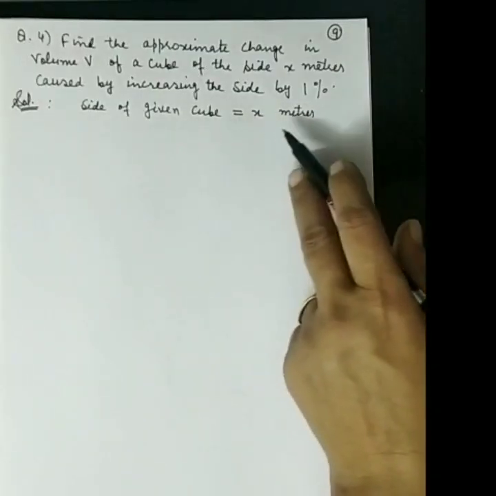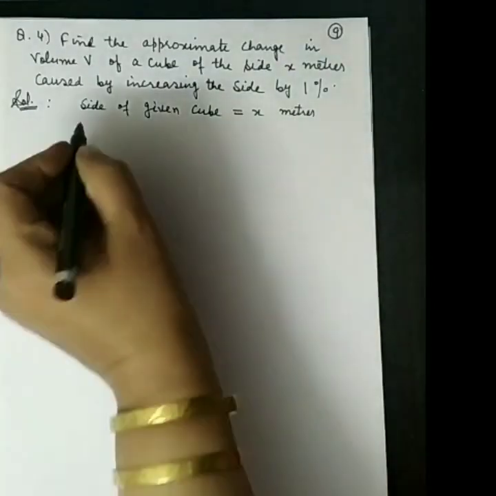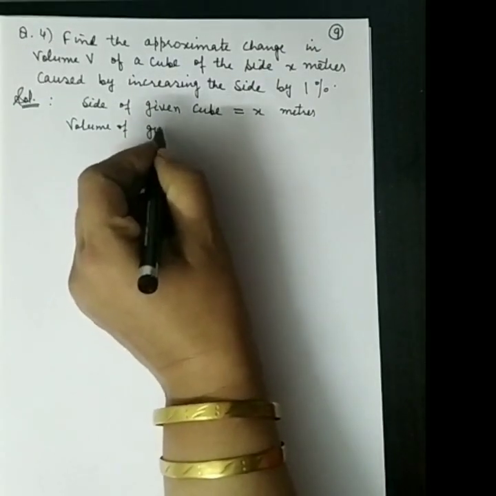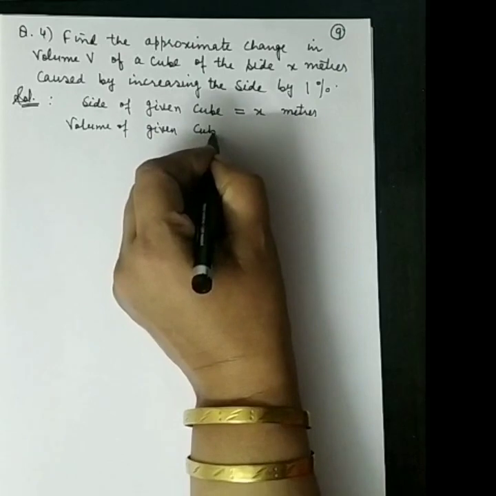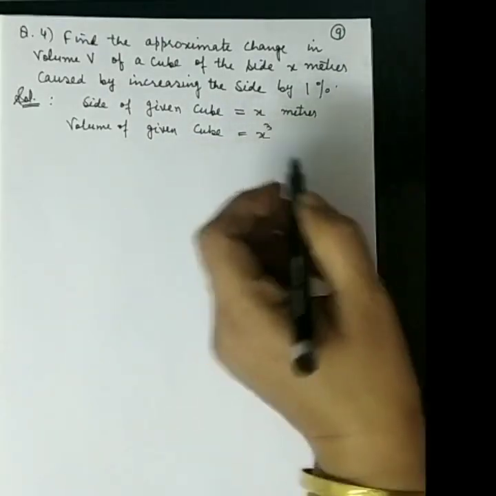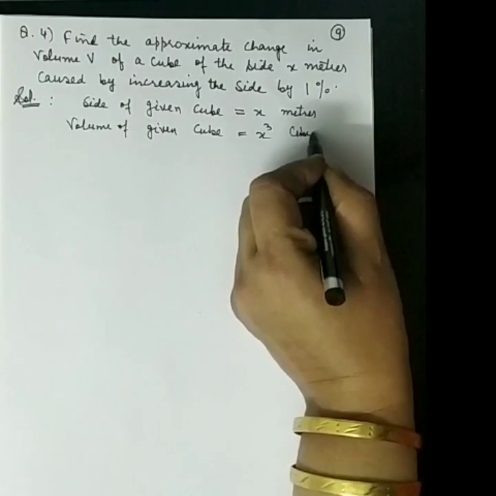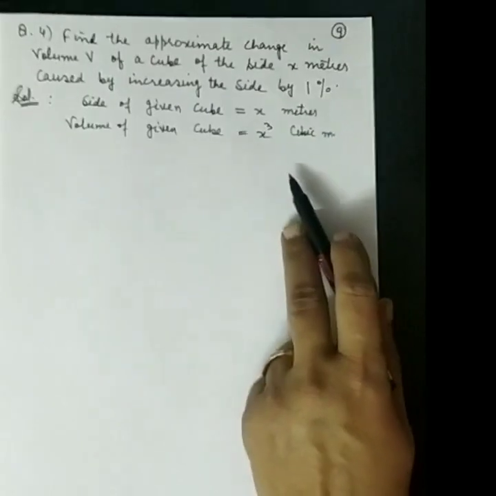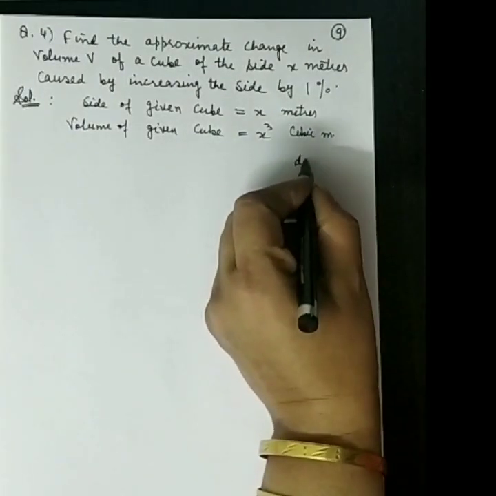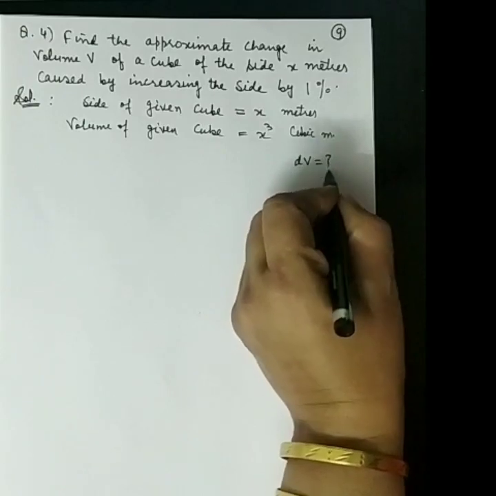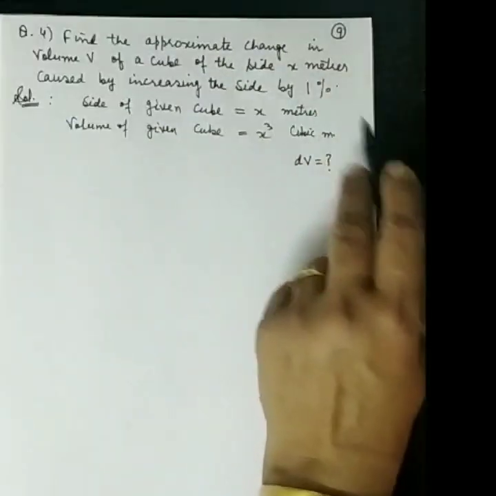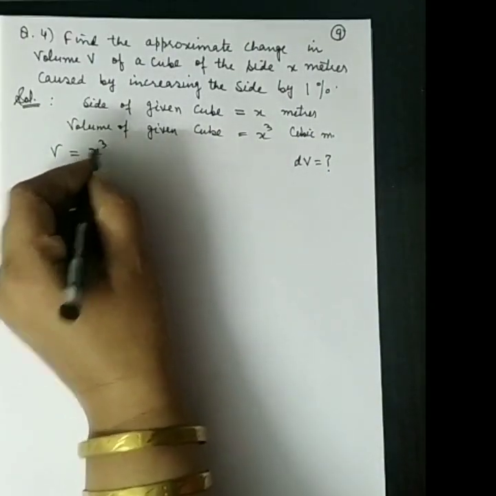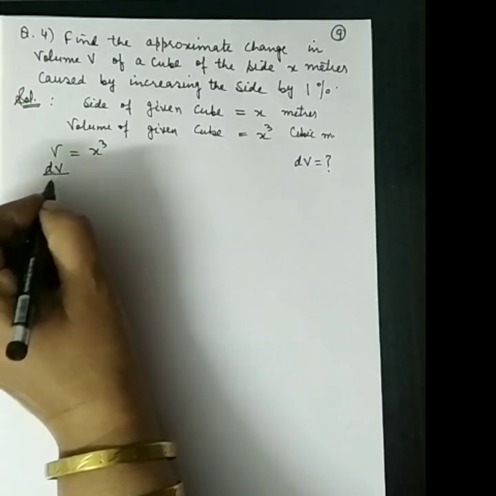Now side of the given cube is x meters and volume of the cube is side cube, that is x cube cubic meters. Now what you have to find, that is dV, change in volume. Volume of cube is x cube. Now find dV by dx.